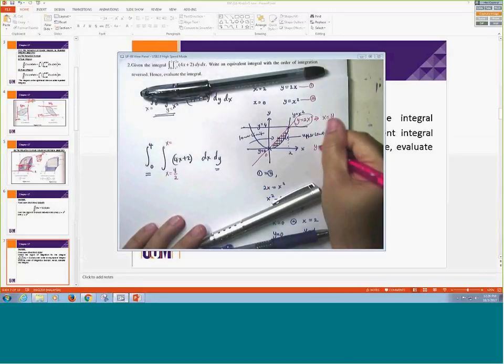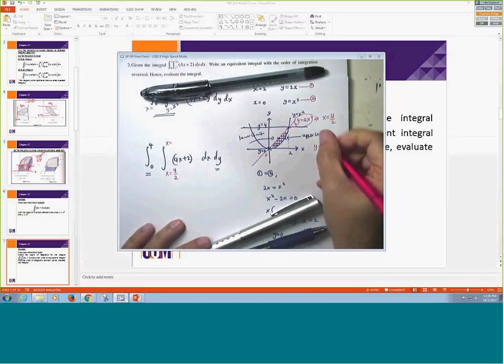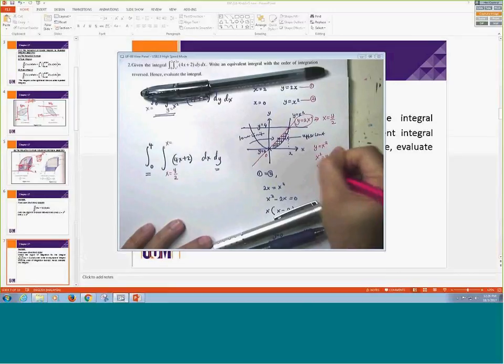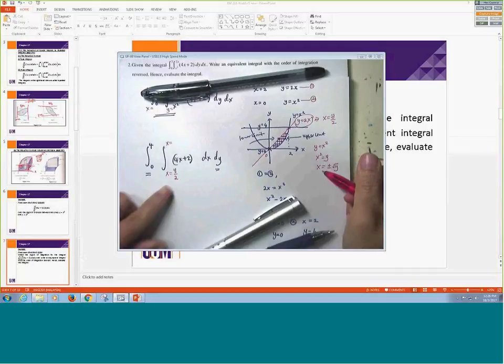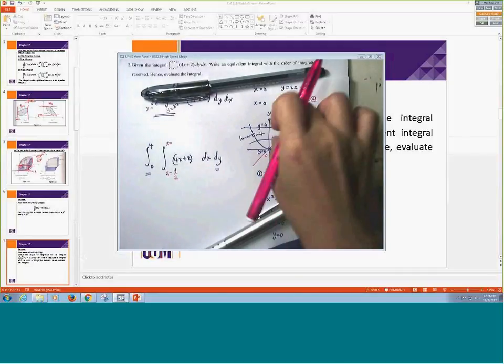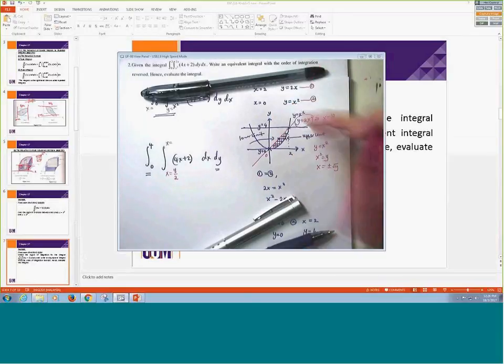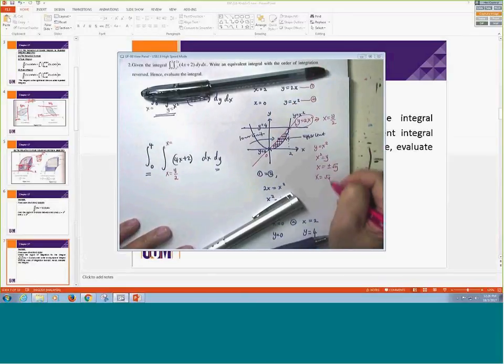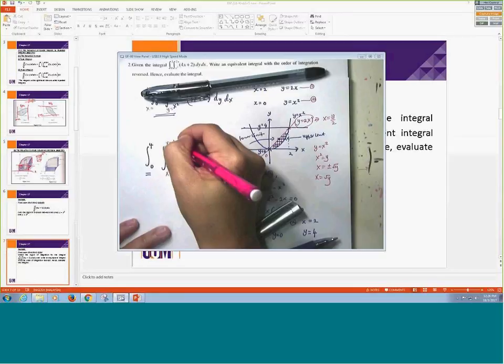So x is actually plus or minus square root of y, but we choose the positive because it is in the first quadrant. So we take the positive one, the square root of y.